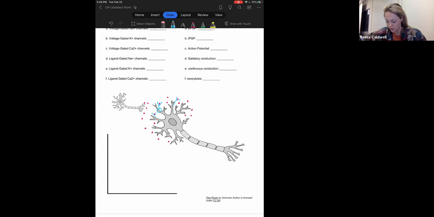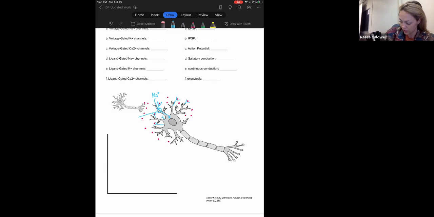We will also open up some on the cell body, but mostly the dendrites are the ones opening up the ligand-gated channels. We'll use sodium as our example here. We have sodium outside of the cell, and once we open those ligand-gated channels, sodium can now flow into the cell.